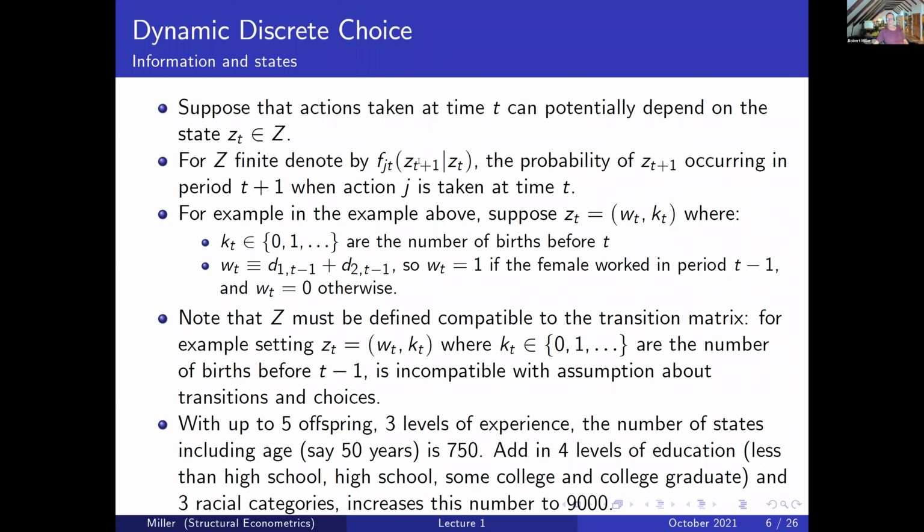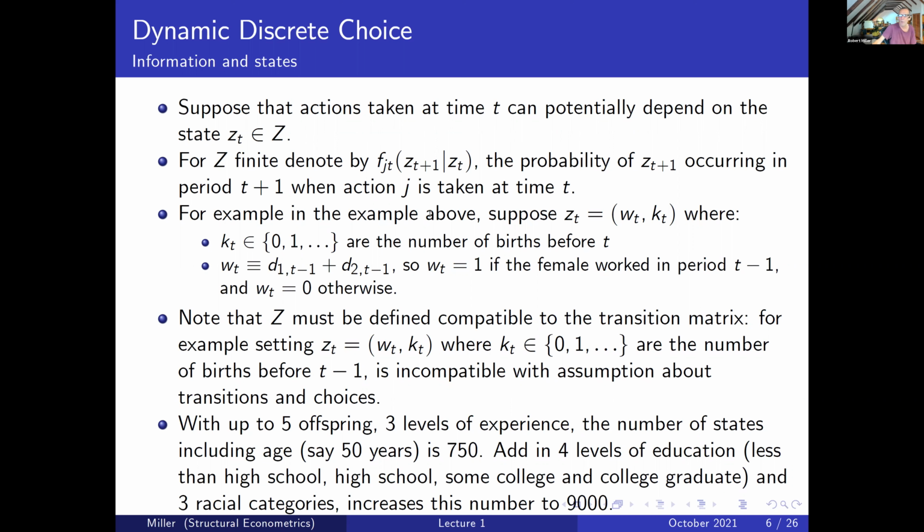So that's why we call Z a state. But intuitively, what we mean is background characteristics today plus choices that you make today give background characteristics for tomorrow. Okay? If this can't be explained by those two things, state today and choice today, then we've got a problem. We haven't really specified our model correctly.